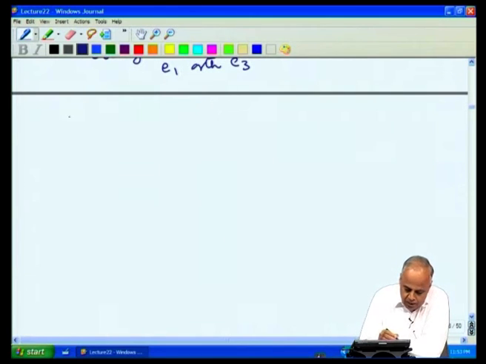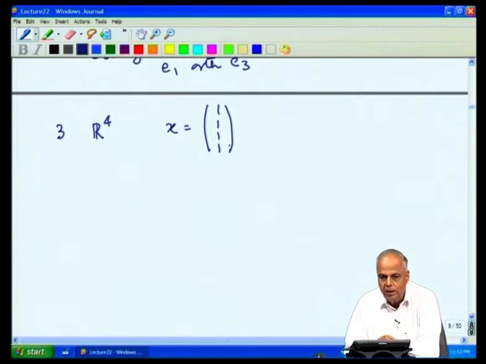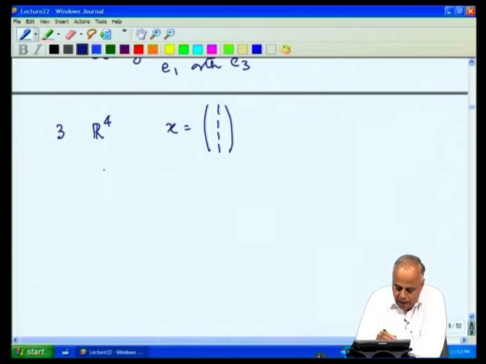Let us look at another simple example. Consider R^4, consider the vector x equal to (1, 1, 1, 1). Now, let us find all those vectors which are perpendicular to x.